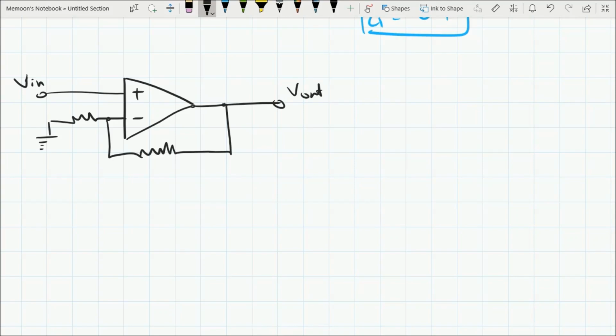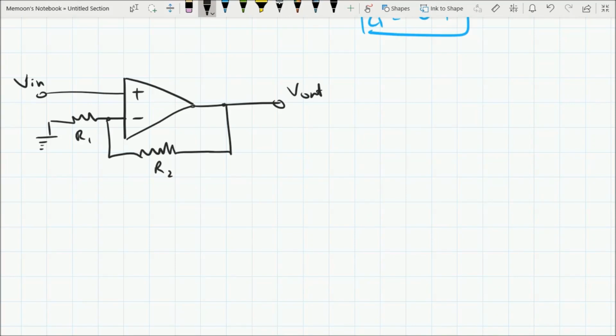So now you can see that we are still using negative feedback, but rather than supplying our input at the inverting input, we are supplying it at the non-inverting input, and we have grounded our inverting input through a resistor. So here in this case, again, let's say this is R2, this is R1, and this is Rin.